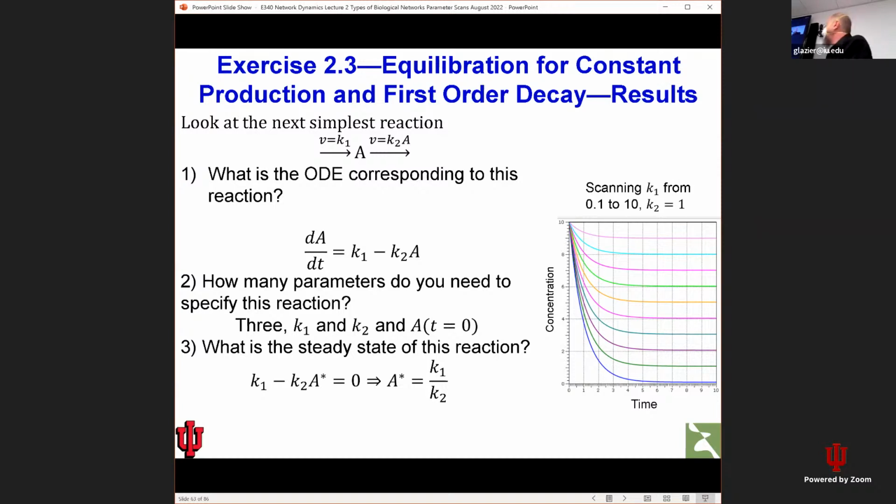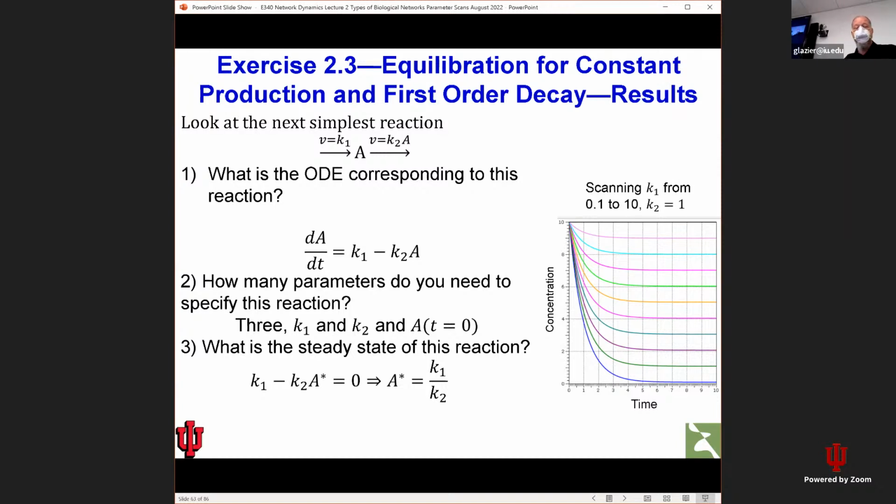So dA by dt is K1 minus K2 times A. How many parameters do I need? 3. I need to know K1, K2, and the initial concentration of A. I'll sometimes write A sub 0 for the initial concentration.